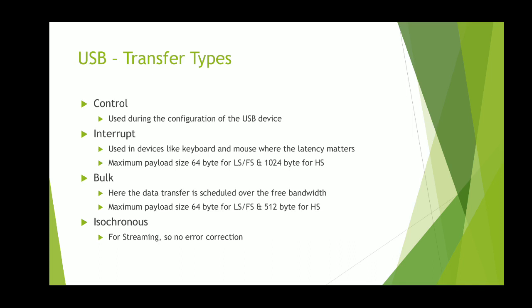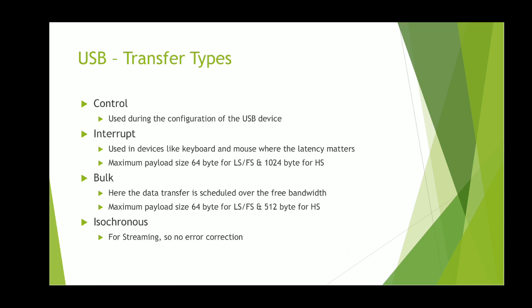And the second mode of the USB data transfer is interrupt mode. The interrupt mode is used in order to reduce the latency between data transfers. In some situations, it is desirable to have very low latency. For example, in the case of keyboard and mouse, the data generated by the keyboard and mouse should be immediately transferred to the host computer.